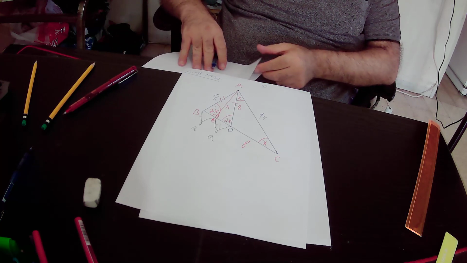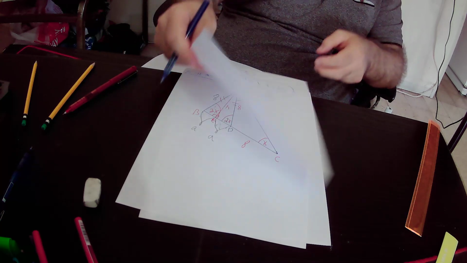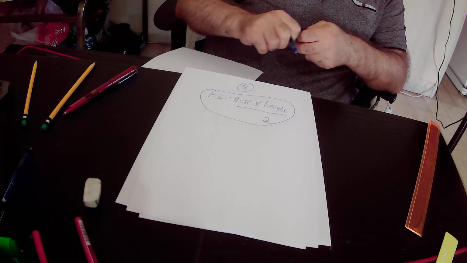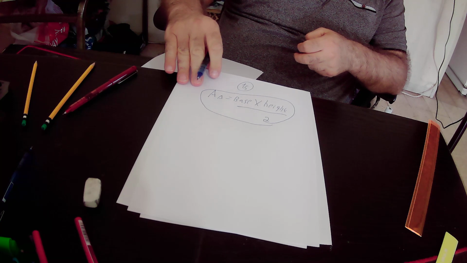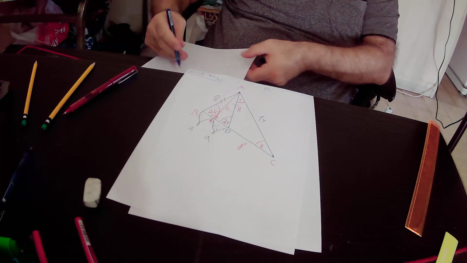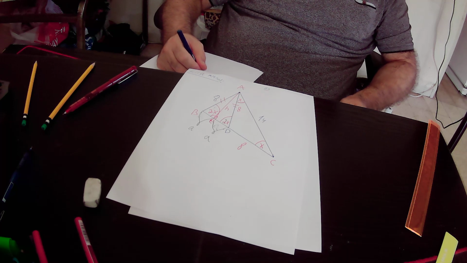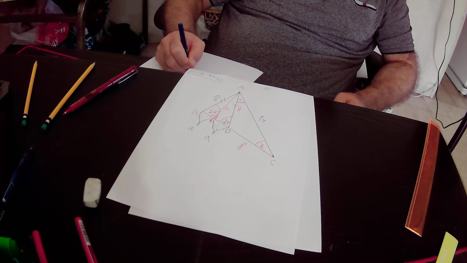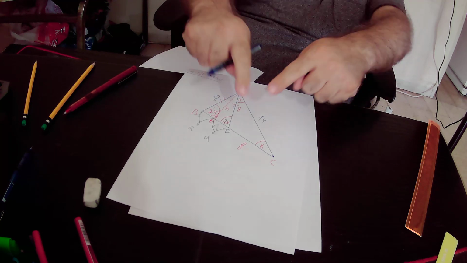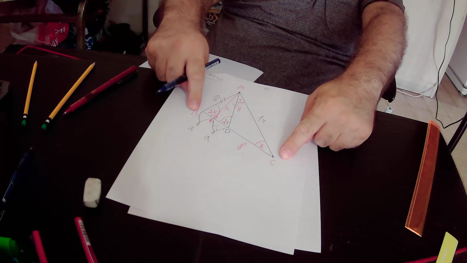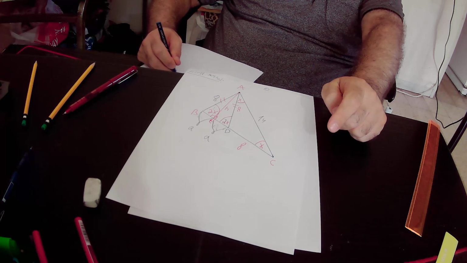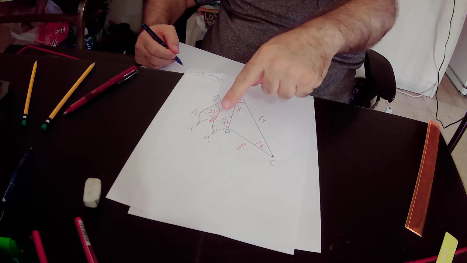Again, the area of any triangle equals the base of the triangle times the height to the base over 2. So what is the area of triangle ABC? The area of triangle ABC, that is what we are looking for, equals the base of the triangle, that is BC, times the height to the base.